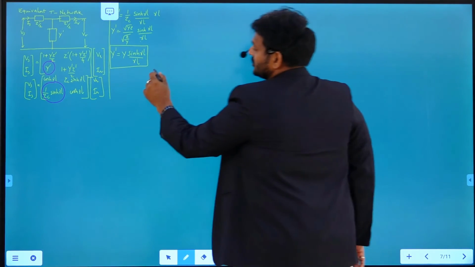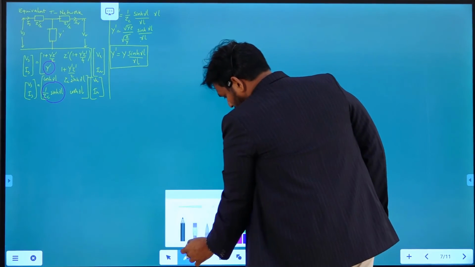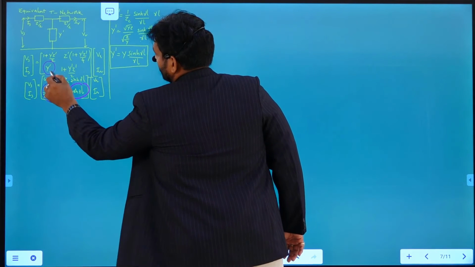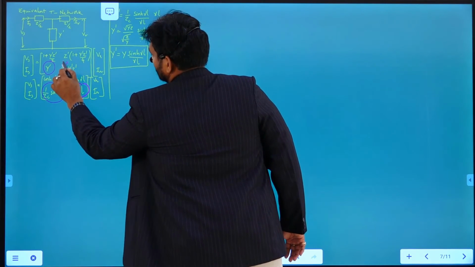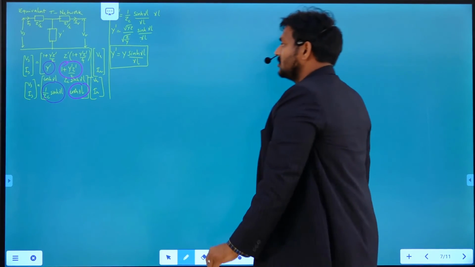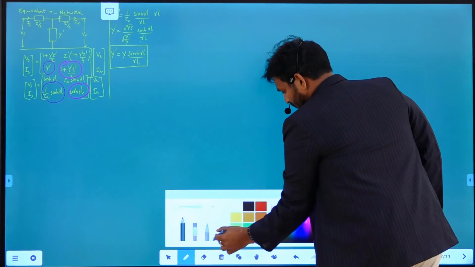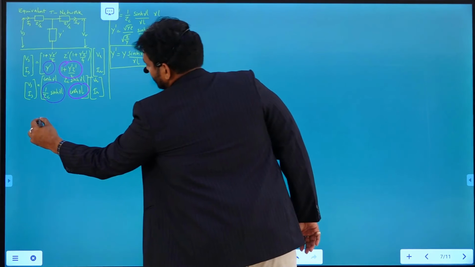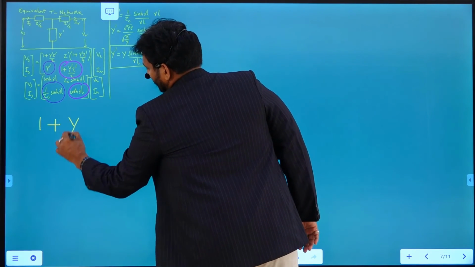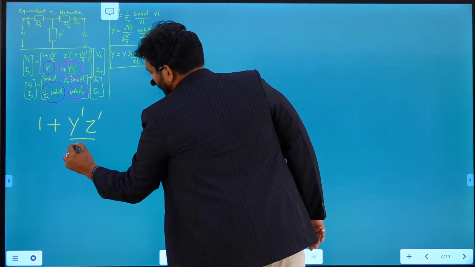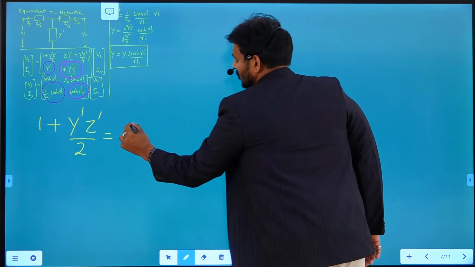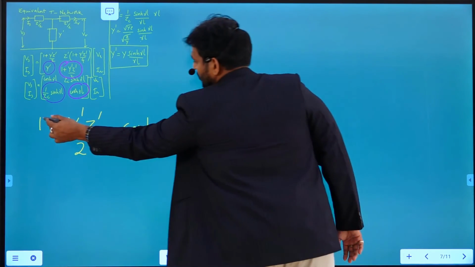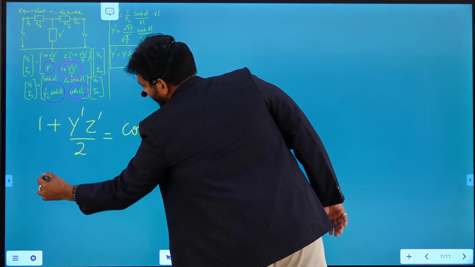You substitute this in here. So here you can see cosh of gamma L is equal to 1 plus Y dash Z dash by 2. Therefore you will get 1 plus Y dash Z dash upon 2 is equal to cosh of gamma L. You bring this 1 to the right hand side and substitute.